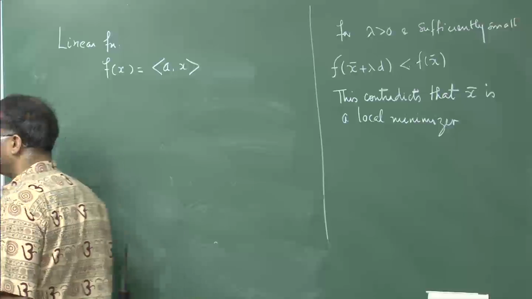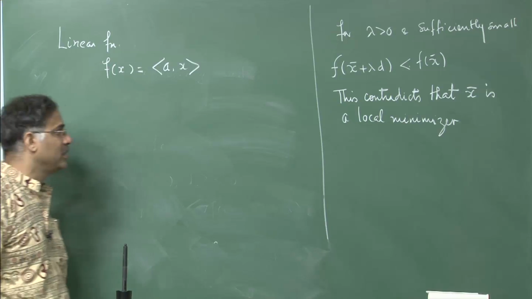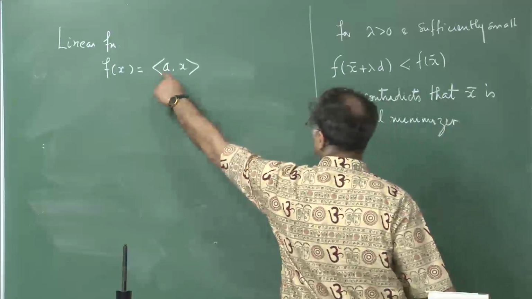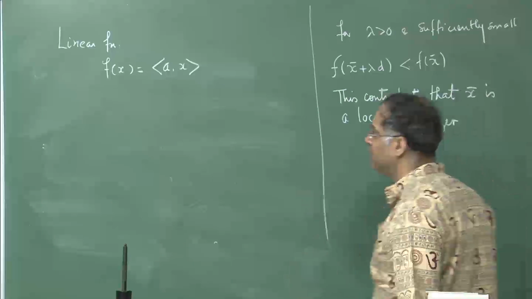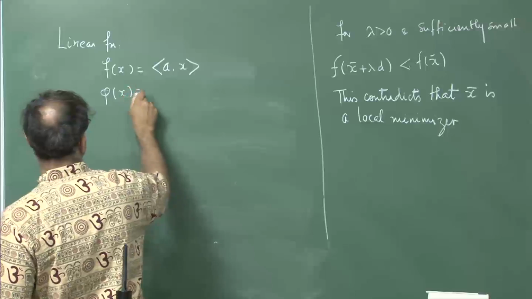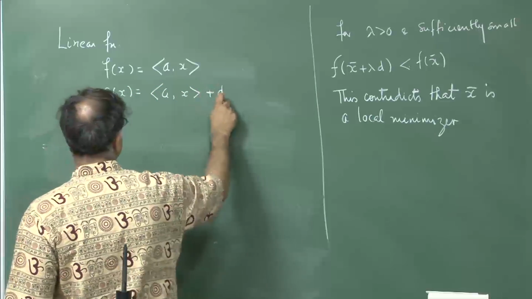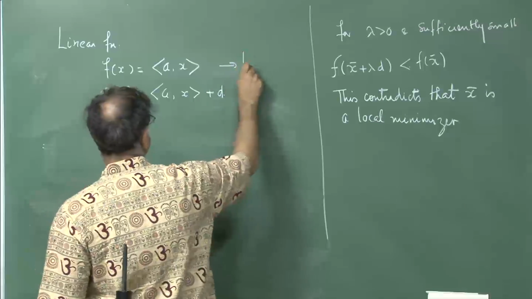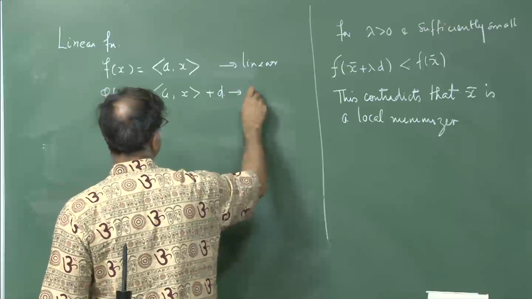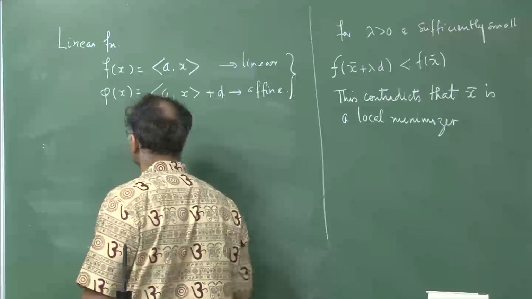This is a simple linear algebra fact which you can prove if you know what the basis of a vector space is. So this is a linear function. If you add some other real number to it, then this becomes an affine function. So this is linear and this is affine, linear plus some constant. You can show that these two are convex functions.